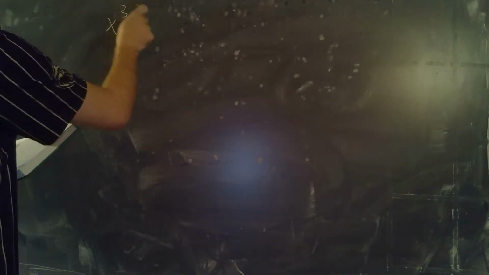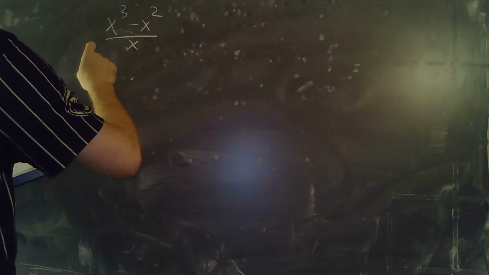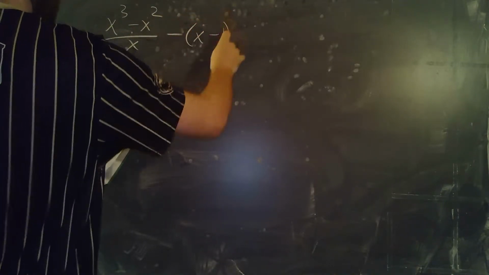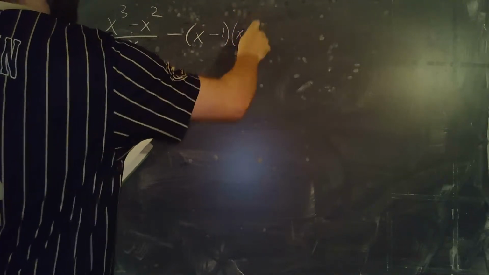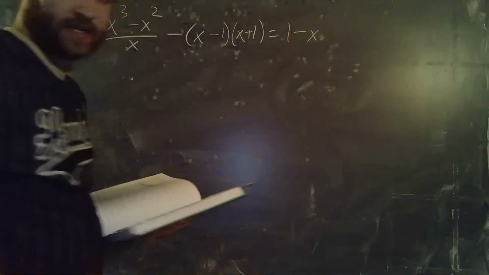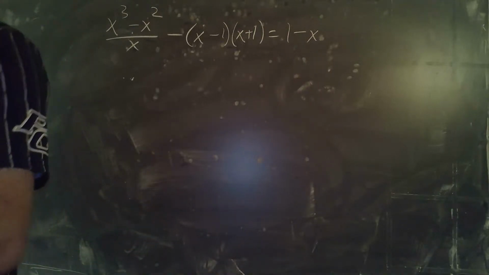So to begin with, we're going to verify that x to the third minus x squared, divided by x, minus x minus 1 times x plus 1, is precisely 1 minus x for all real values. Okay.